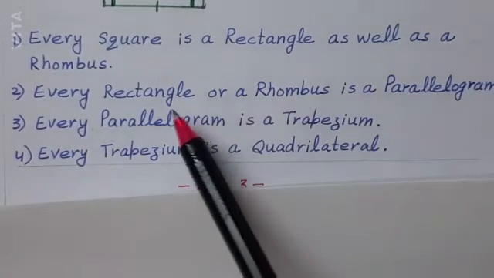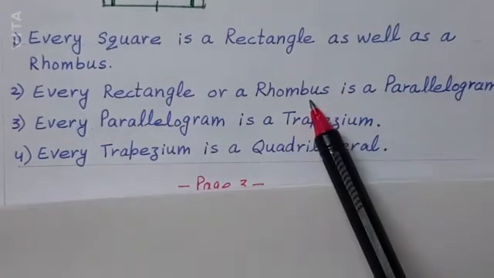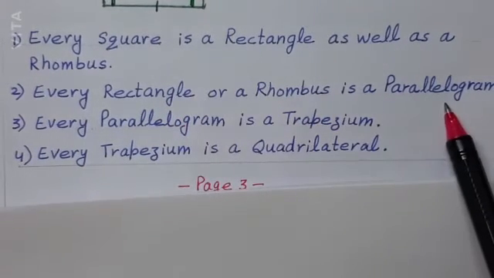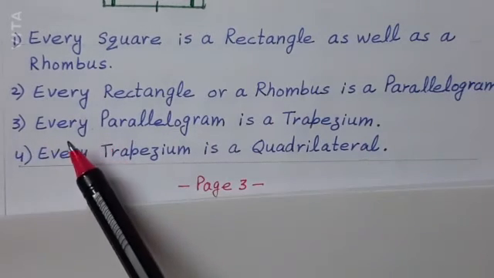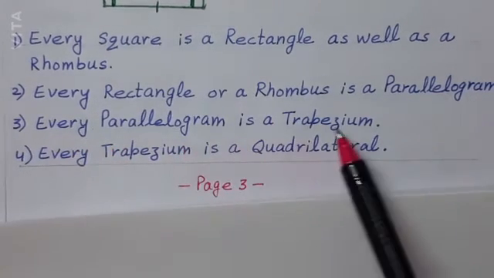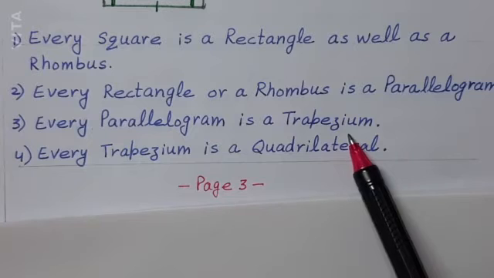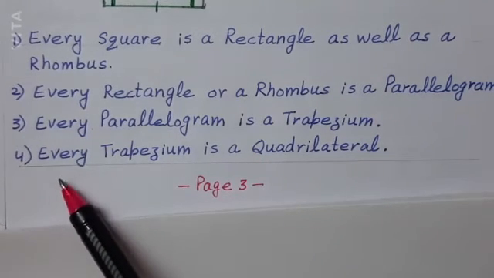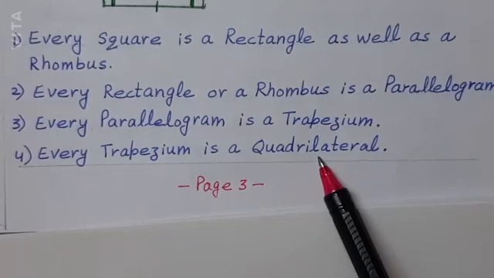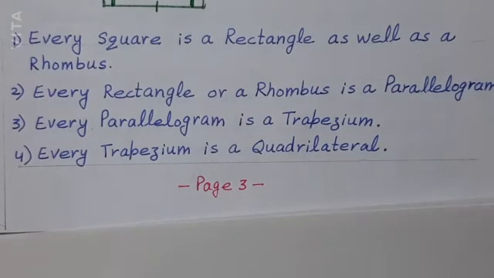That means a rectangle as well as a rhombus both are parallelograms. And the third point is every parallelogram is a trapezium. And the last point is every trapezium is a quadrilateral. I hope it is clear to everyone now.